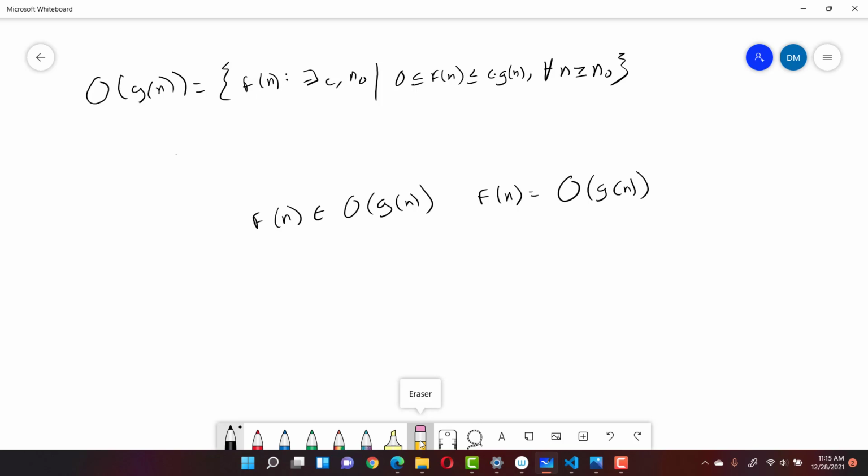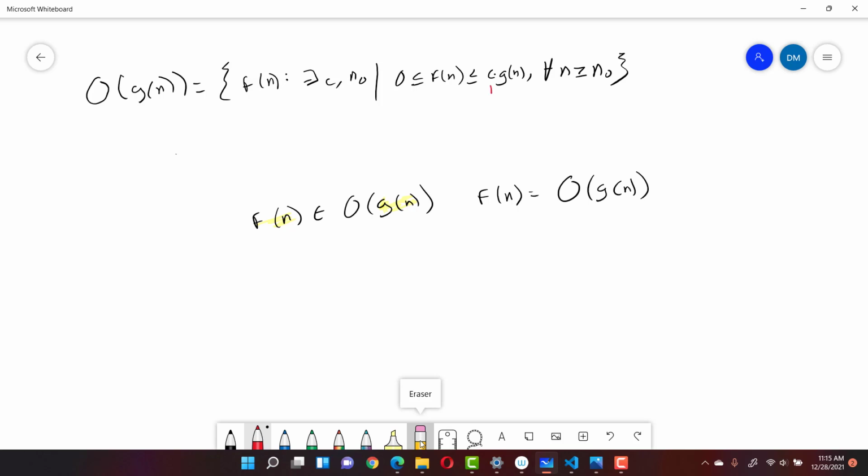The one on the left is the proper way to do it, but all we're saying is that g of n here is an upper limit on f of n here eventually.